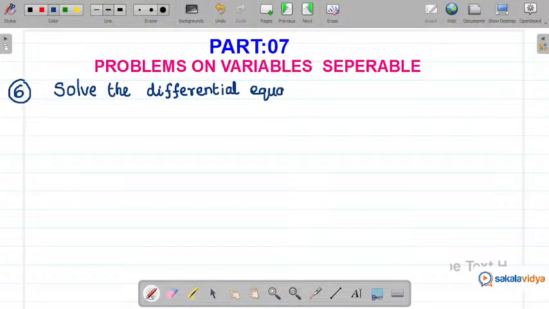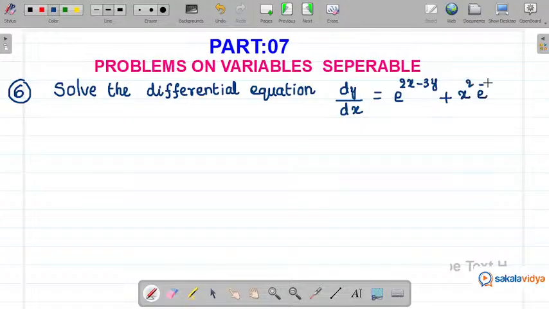Solve the differential equation dy by dx is equal to e to the power of 2x minus 3y plus x square e to the power of minus 3y.